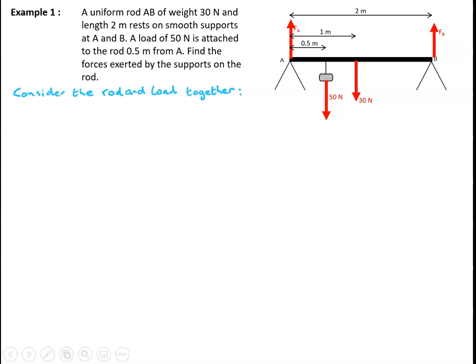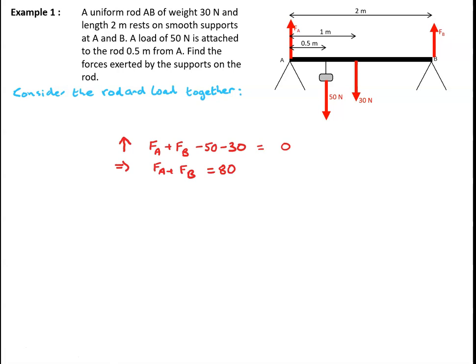Since the rod and the load are in equilibrium, the resultant force vertically must equal 0, which gives FA plus FB minus 50 minus 30 equals 0. In other words, FA plus FB must equal 80 newtons.